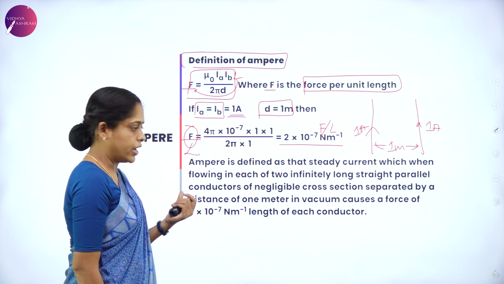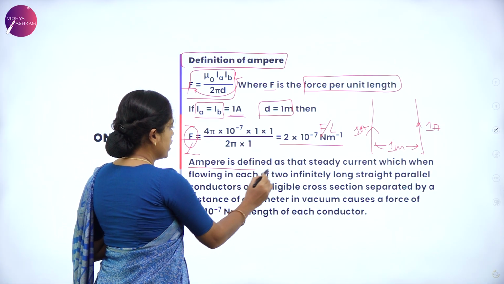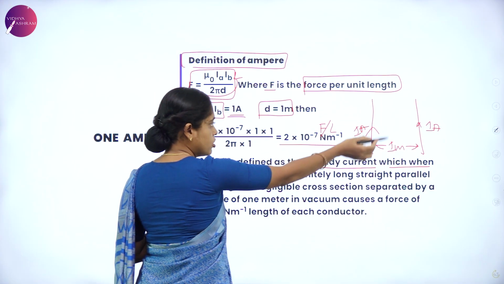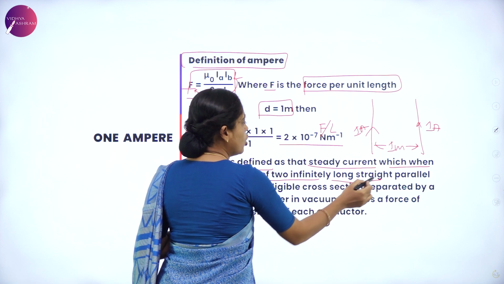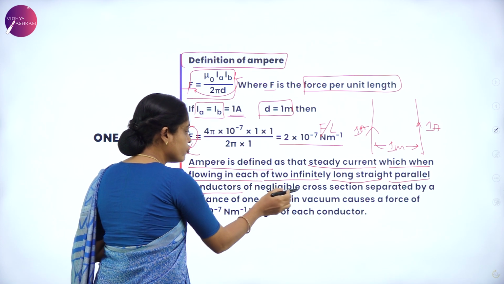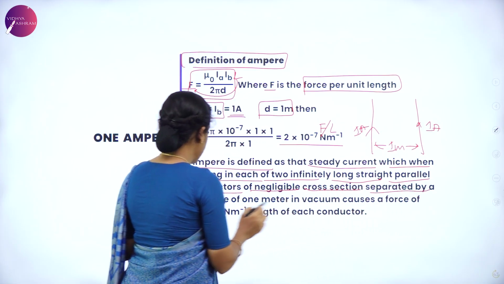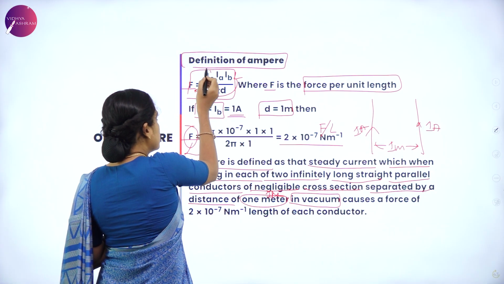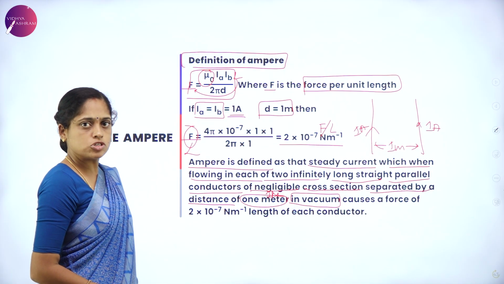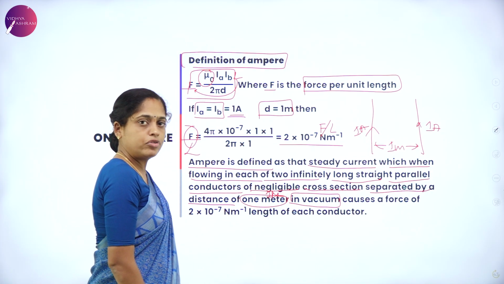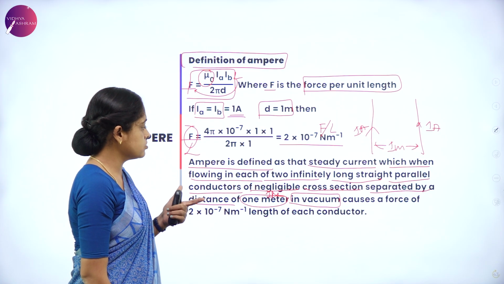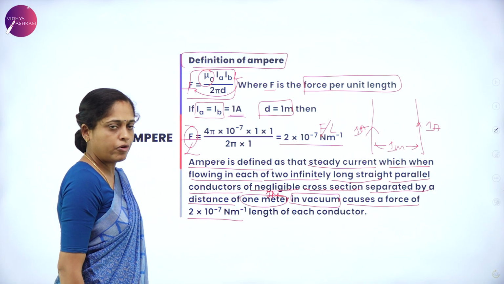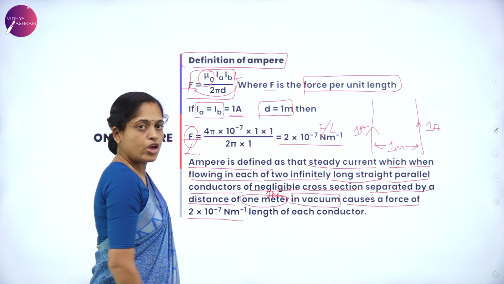Now, keeping these points in mind, let us define 1 ampere. 1 ampere is defined as the steady current which, when flowing in two infinitely long straight parallel conductors of negligible cross section, separated by a distance of 1 meter, and placed in vacuum, causes a force of 2 into 10 power minus 7 Newton per meter length of each conductor.